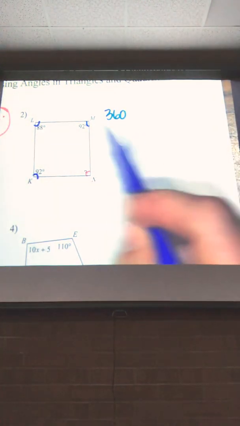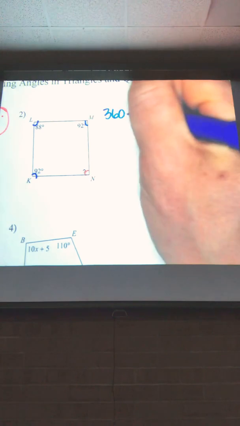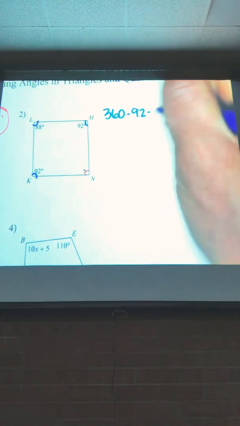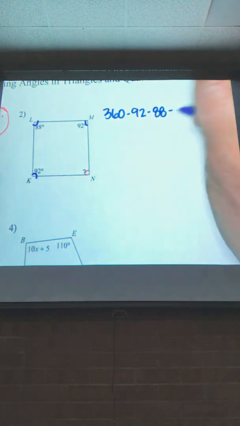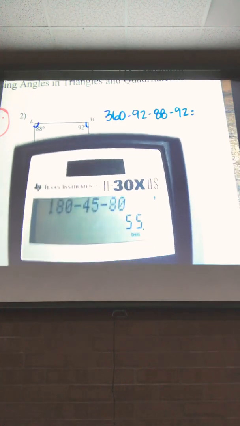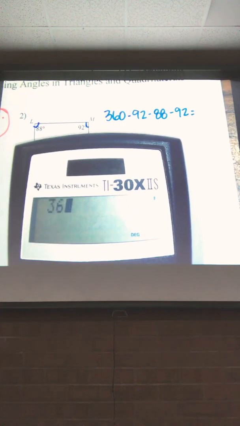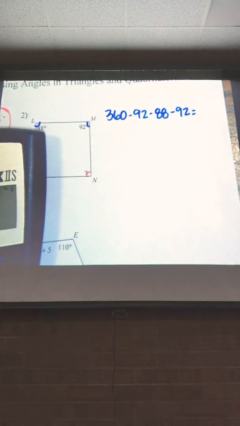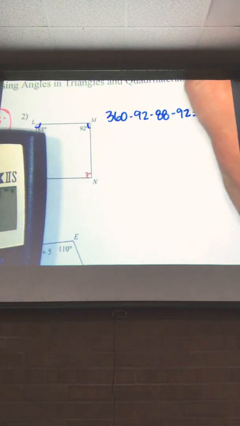We're going to start with our total number of degrees, that's 360. We subtract 92, subtract 88, subtract another 92, and we'll find out what we get. Okay, so we have our calculator down here. So we start with 360 minus 92 minus 88 minus 92, and we know that that fourth angle, our missing angle, has to be 88 degrees.